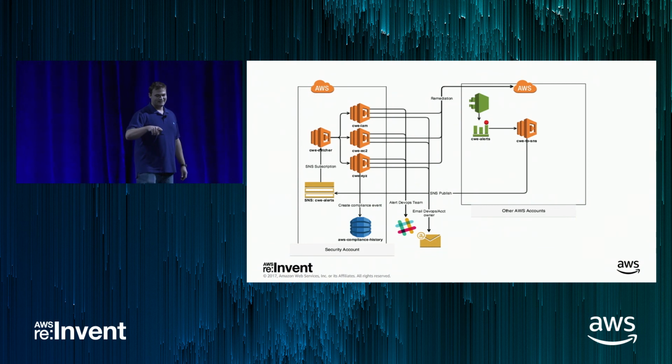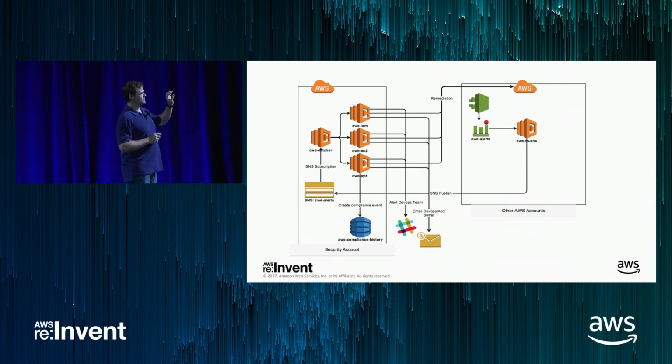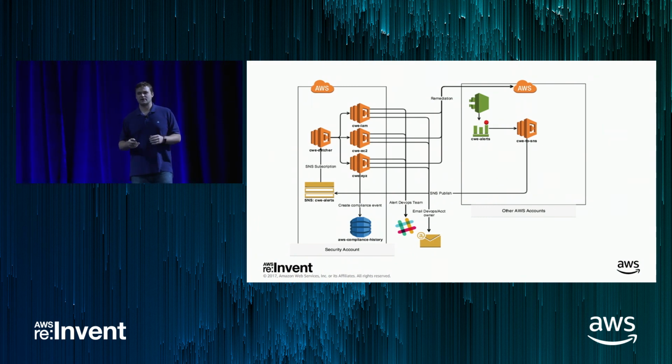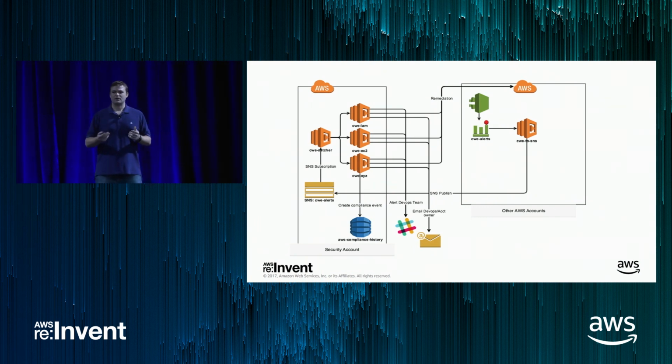So once the SNS publish occurs, the CW catcher receives that message and sends it to CW EC2 or IAM, depending on what it is. And then from there, you either remediate and/or just alert the DevOps team and send an email to the account owner saying, hey, this resource was created, it's non-compliant, please follow up.